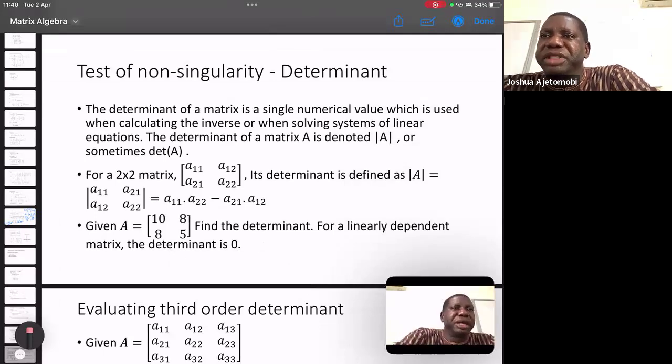The determinant of a matrix is a single numerical value, which is used when calculating the inverse, or when solving a system of linear equations. So very, very important. It's always the starting point when we are dealing with the process of getting the inverse of a matrix.